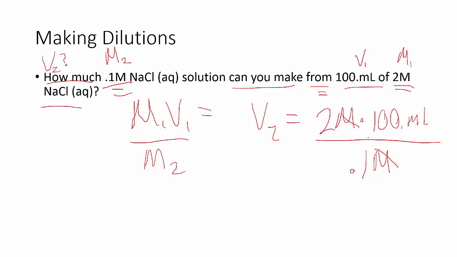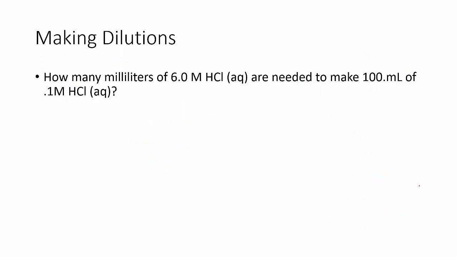Molars cancel out, and my units will be left with milliliters. So I get 200 divided by 0.1, which is 2,000 milliliters as my final answer. All right, one more.